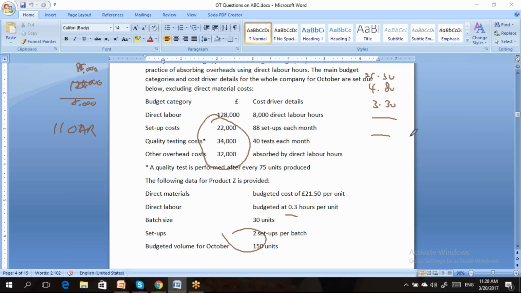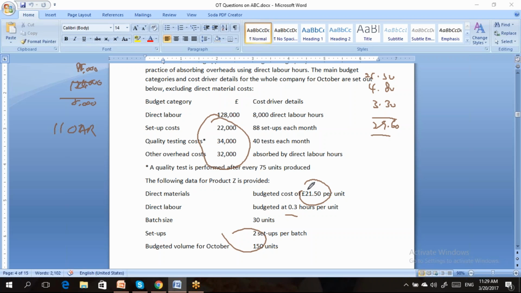Total product cost is 2150 plus 480 plus 330, which works out to 2960. Is it all right by you? How did you get 2550? It's 2150, that is the material cost. Okay, it is already given.